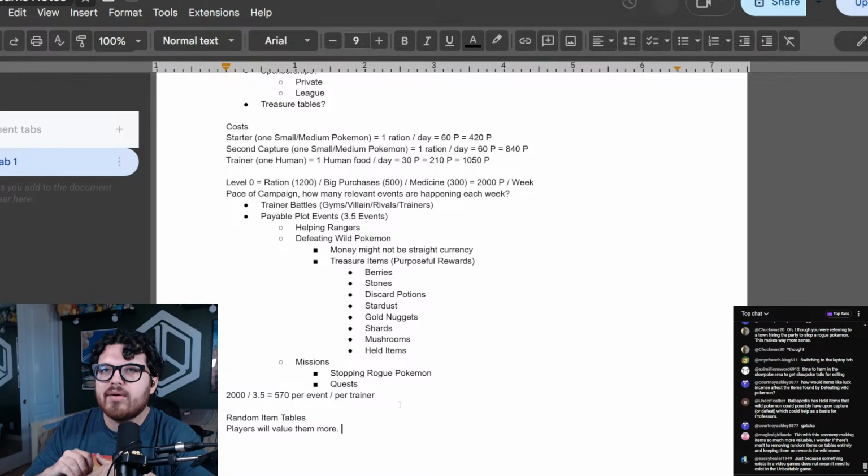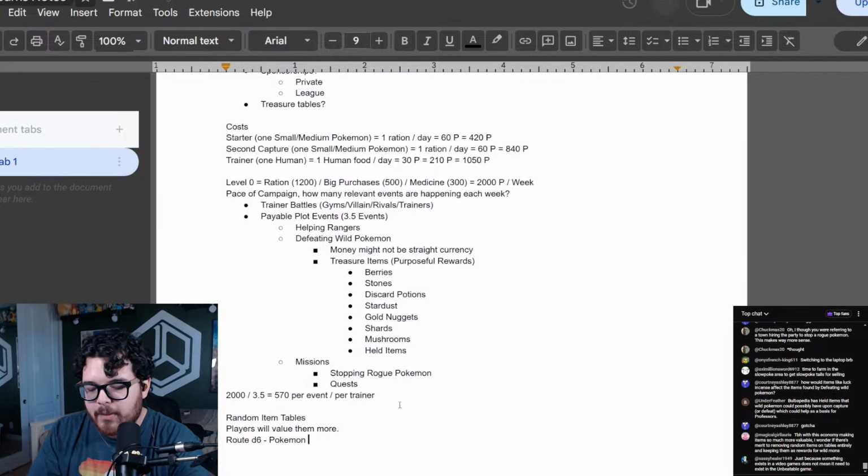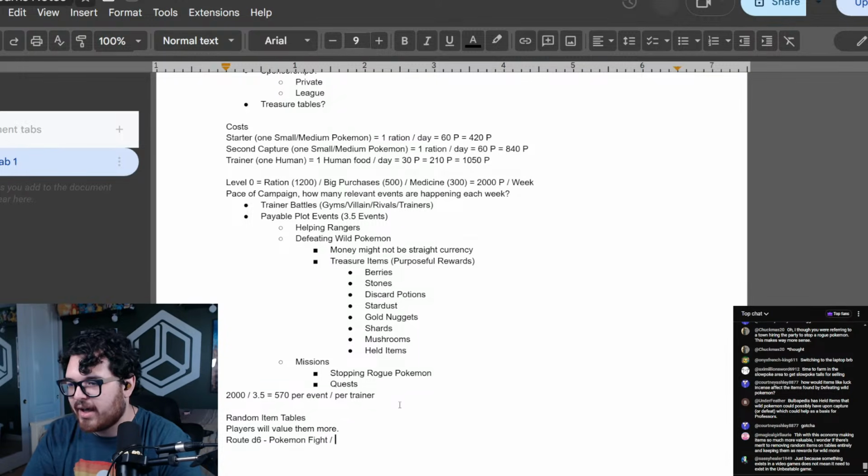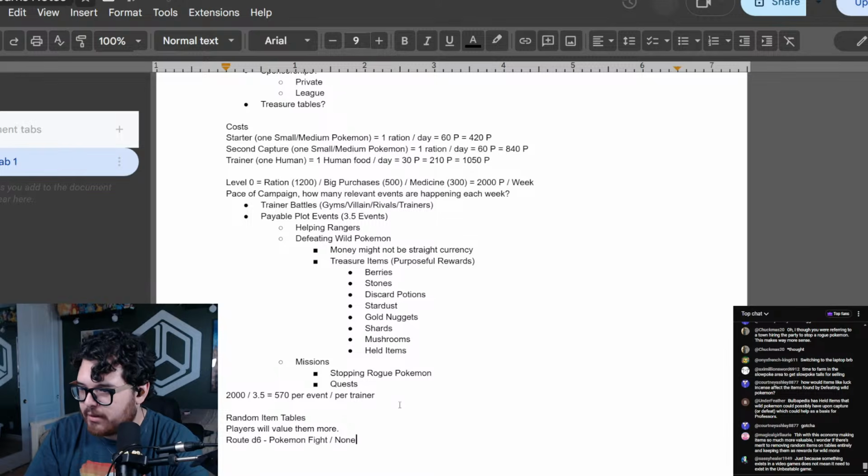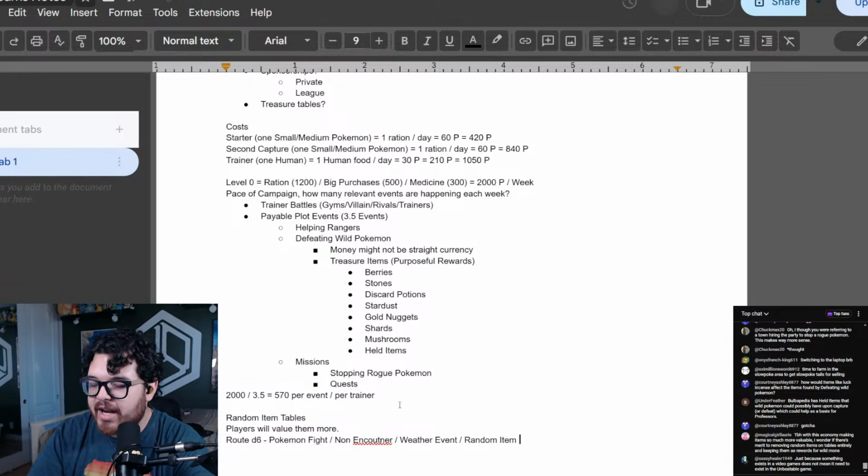Say, for example, you go onto a route, it's a D6 table, and the options are Pokemon fight, non-encounter, weather event, random item, and then on the random item, there's a D10 table.